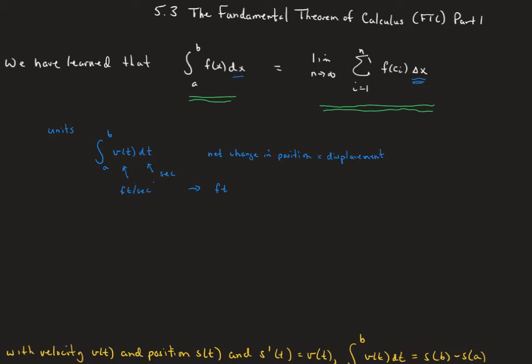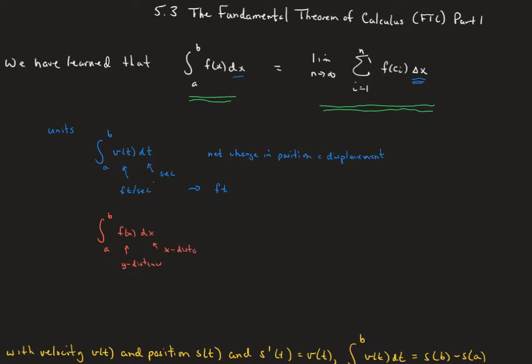So the units can help you keep track of what's going on and whether what we're doing is really appropriate. In a more general sense, suppose this f function was measuring a y distance, a distance in the y direction, and our dx was an x distance, a small increment in x.